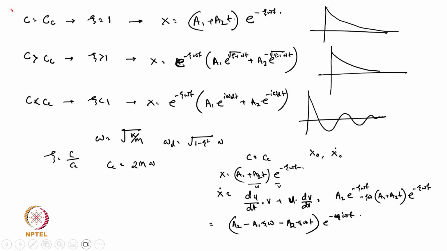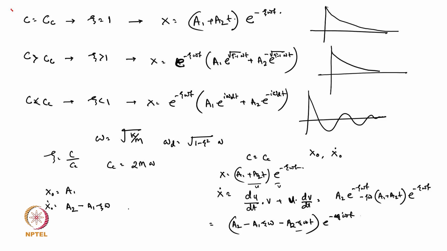That will be my x dot. So if I put t equal to 0, x will be x0, that is, the exponential will be 1. So a1 will be my x0, and x0 dot will be a2 minus a1 xi omega, and the other term is 0.